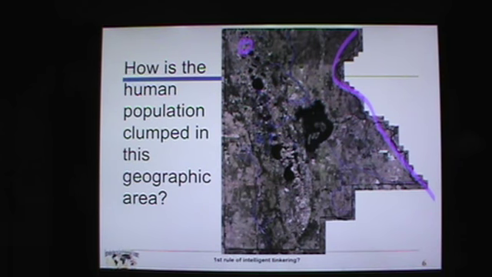I'll just draw this circle here, and really most of the people, human beings, are located here on the ridge, because that is where the resources are that we need. That's where the utilities are. That's where the roads are. That's where the water supply is.